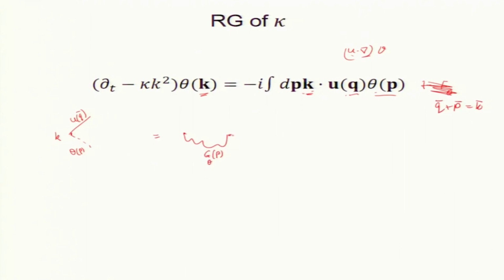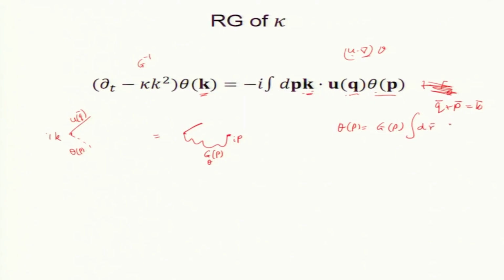Now, what will it give me? So, this is u here. So, what would be the legs coming out from this vertex? This vertex also will be p, in fact, right. I mean there will be i p, which is ik. What would come out of theta? So, if I expand Green's function, what will that be? So, theta of p is Green's function of p and this nonlinear term, which will be an integral.